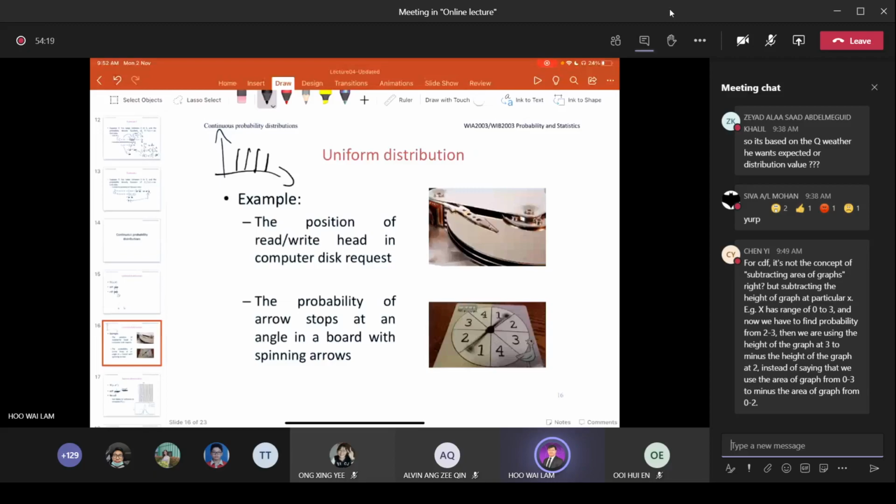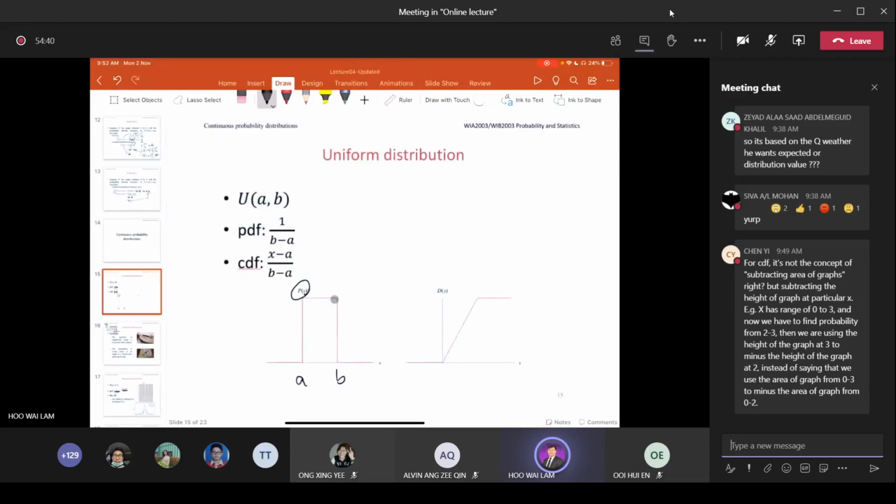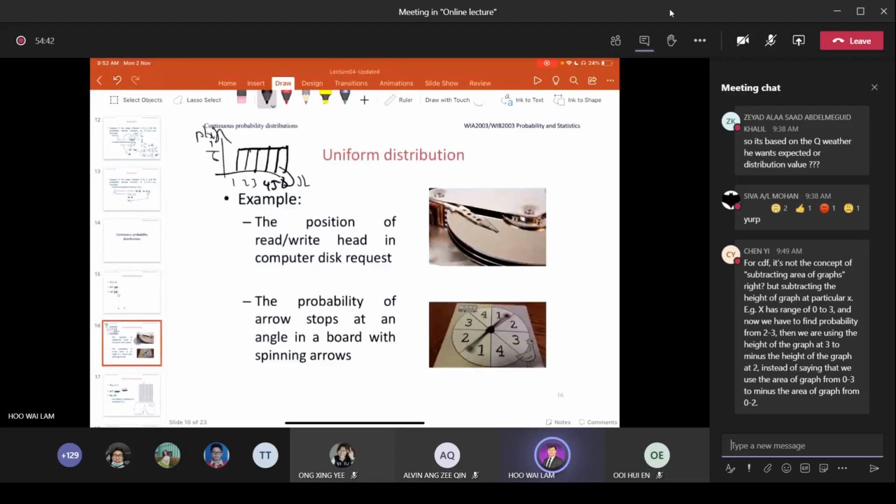So you notice that it looks like this for 1, 2, 3, 4, 5, 6, and each one is 1/6. This is your probability distribution for a fair dice roll. If you link it all together, it becomes one line. Same for uniform distribution in continuous, still one line over here.